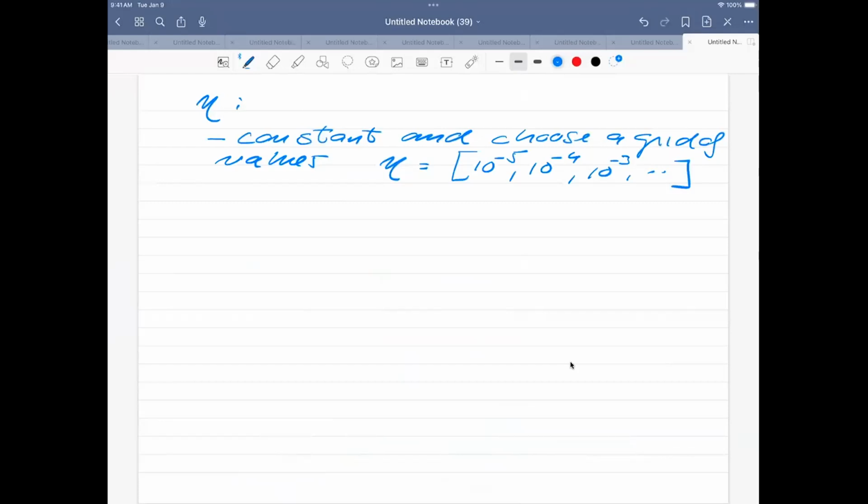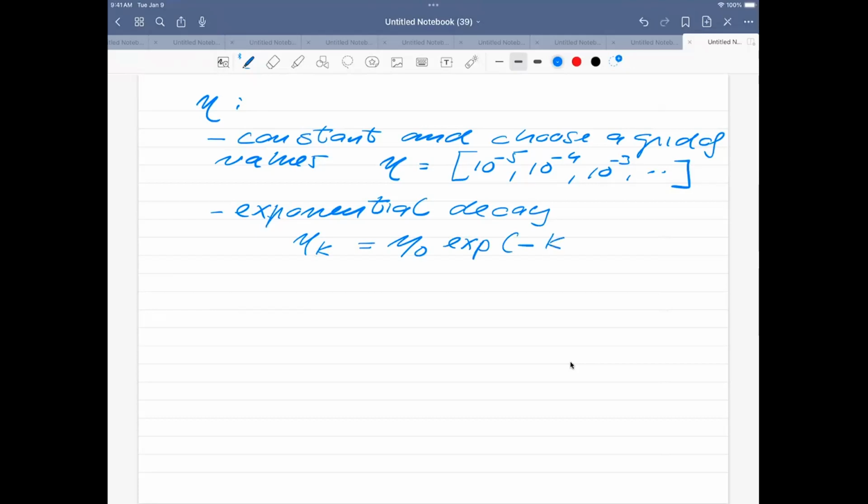Then we have, as I mentioned, an exponential decay. That's another way of doing it, and these are all cheap ways of updating it. So one is exponential decay, which we'll also encounter. That means that you will have an eta of k, which is given by some eta 0, and then there is an exponential here, and minus, and then some parameter of k.